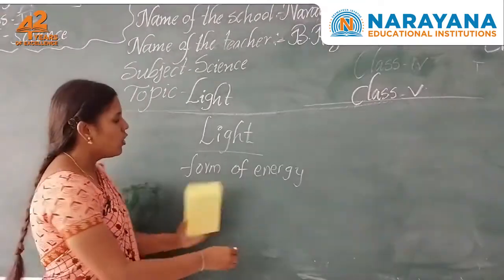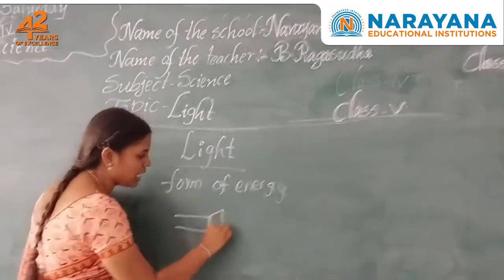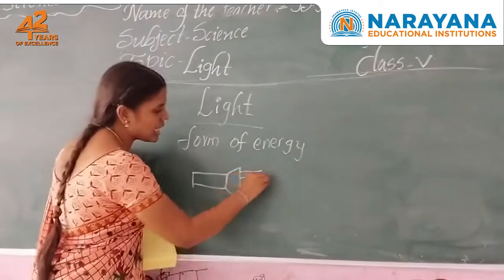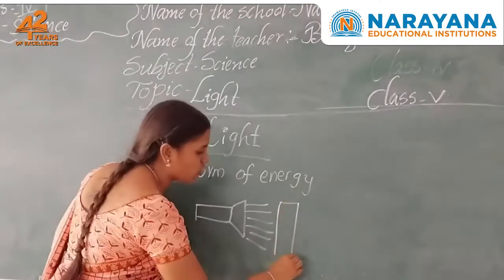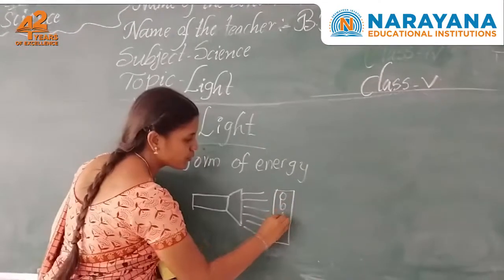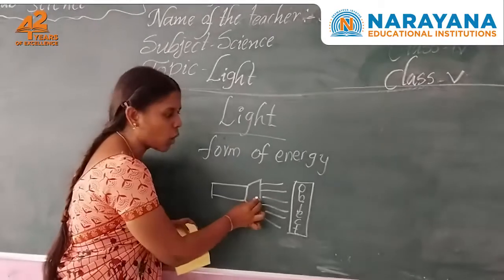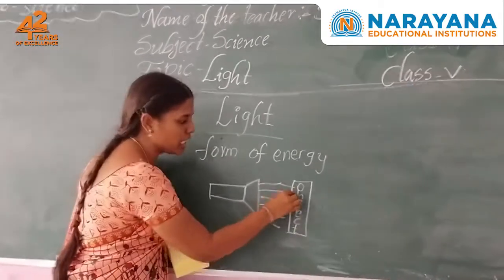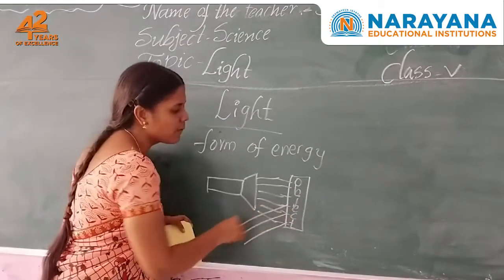For example, we are getting light from a torch light. So, this is the light. If the object is placed in front of this light, what happens? The light which is coming from the torch falls on this object and gets reflected back to the surroundings.